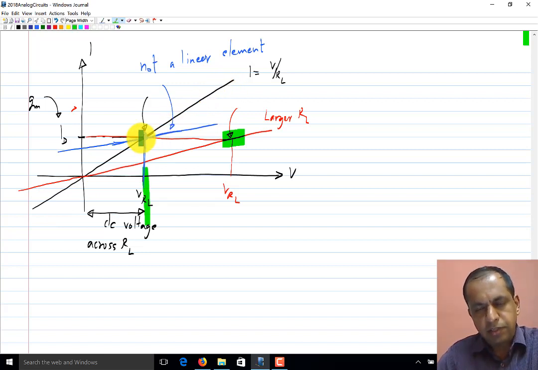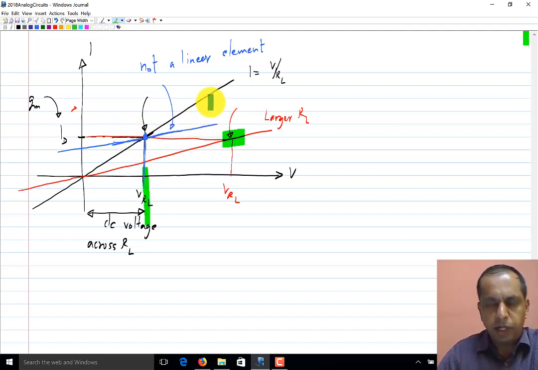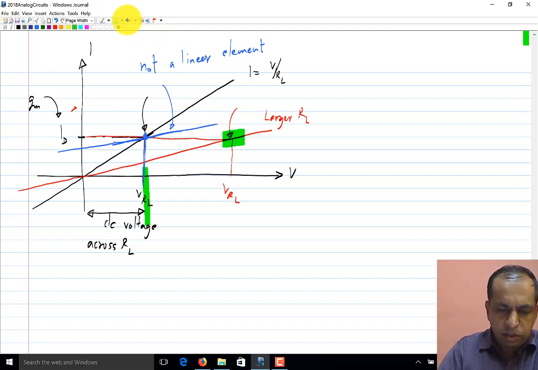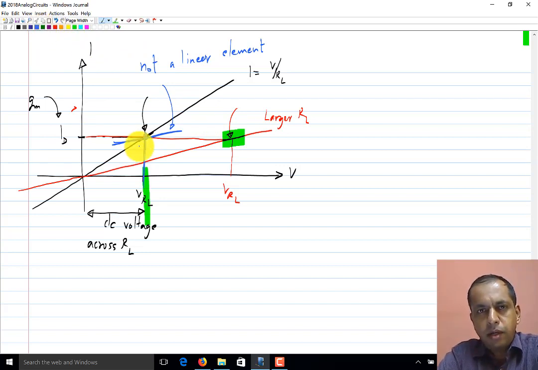Okay, whereas if we do have a nonlinear element, it's possible to pass through this point corresponding to a small VRL and also have a small slope. Okay, so at the operating point, the characteristic should look like this. Okay, now what is an element that we can replace the resistor with and whose characteristic is like this?